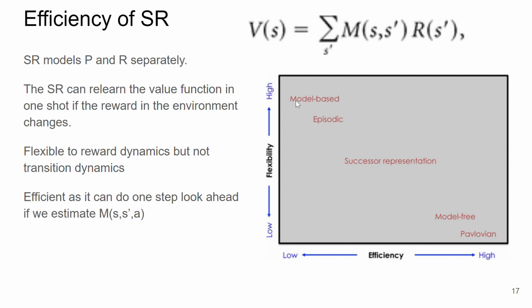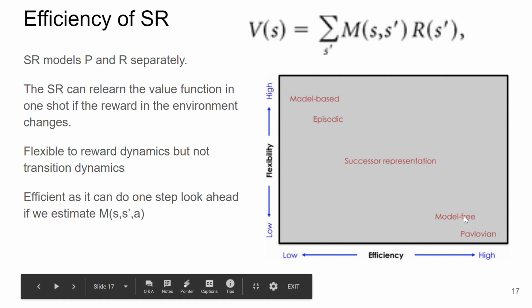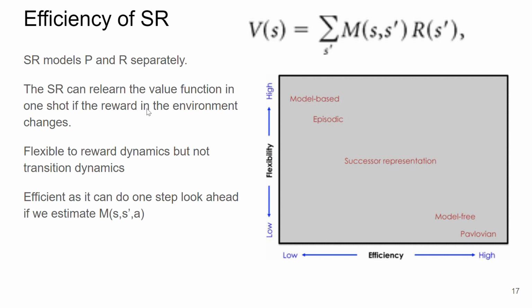Where does successor representation fall on that spectrum? Model-based is very flexible but low efficiency, and model-free is high efficiency and low flexibility, as we've seen before. Successor representation falls somewhere in between. Why? Because in the successor representation, you're trying to learn P and R separately. So if just your R changes in the environment, you can still adapt quite quickly because you already have your P learned.